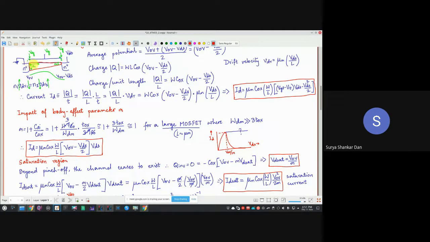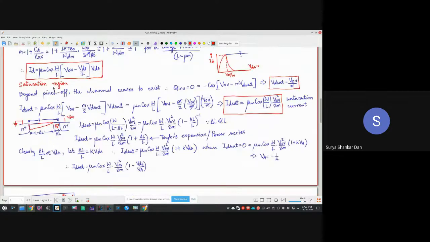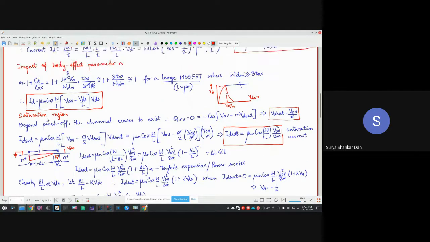Then from the source, as we are traversing closer towards the drain end, what is going to happen? Notice that your N is decreasing and VDR is increasing. So in the pinch off, the channel has stopped, so the number of free carriers should technically be 0. Come on, does it ring a bell?